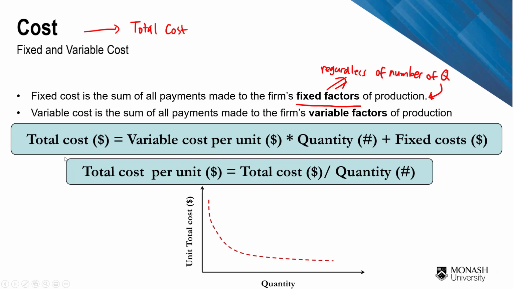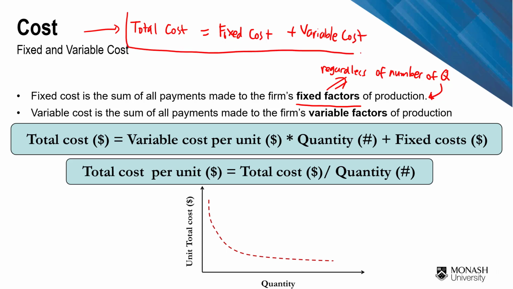So as you probably know, total cost is technically just fixed cost plus variable cost. So that's to start. Total cost is fixed cost plus variable cost.